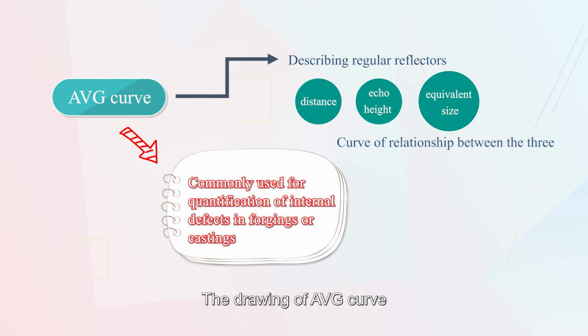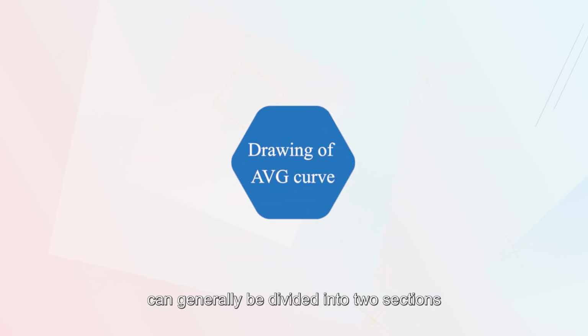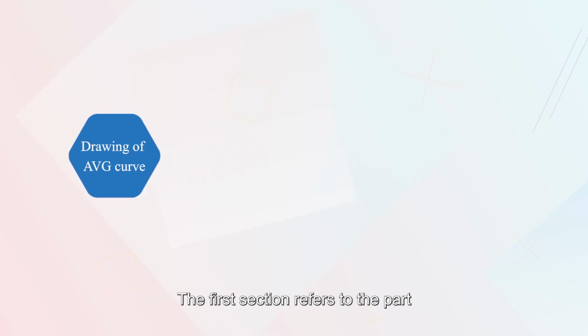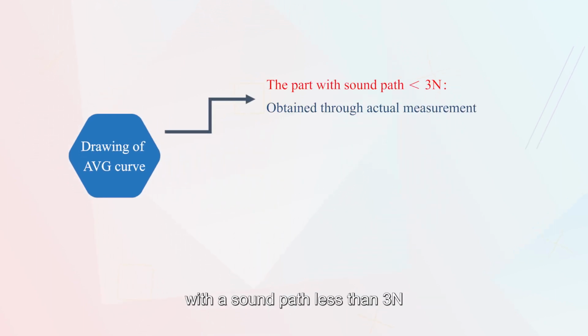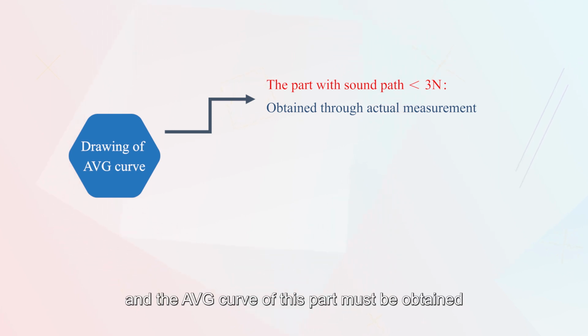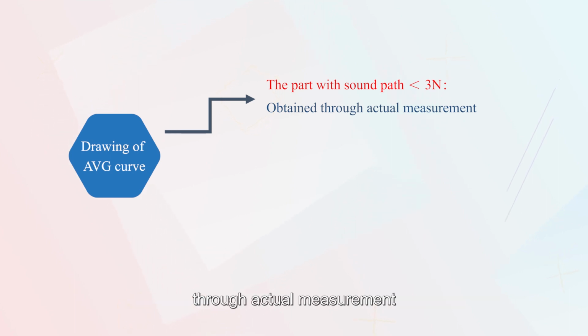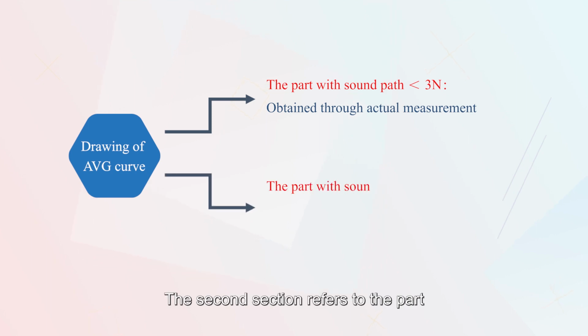The drawing of AVG curve can generally be divided into two sections. The first section refers to the part with a sound path less than 3N, and the AVG curve of this path should be obtained through actual measurement. The second section refers to the part with a sound path of 3N or more.